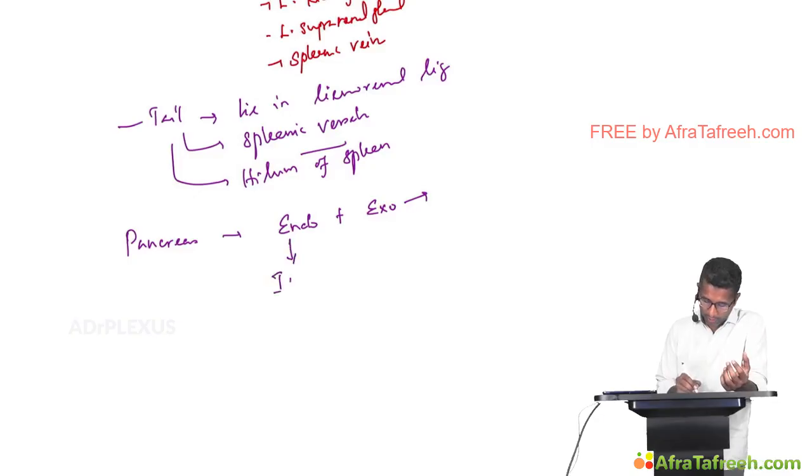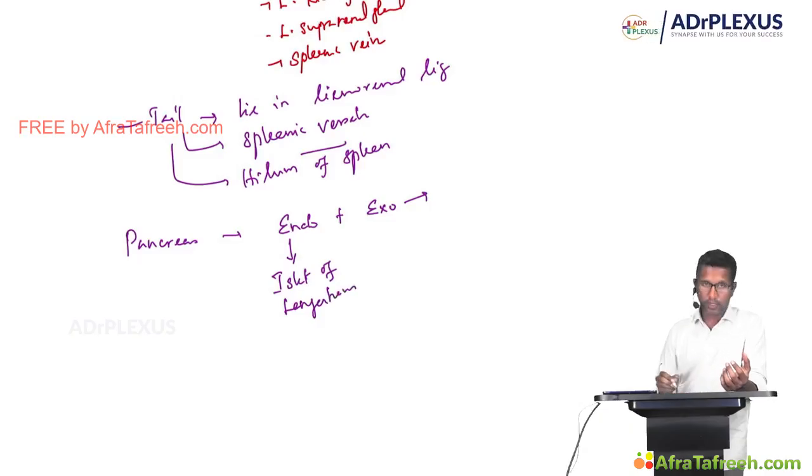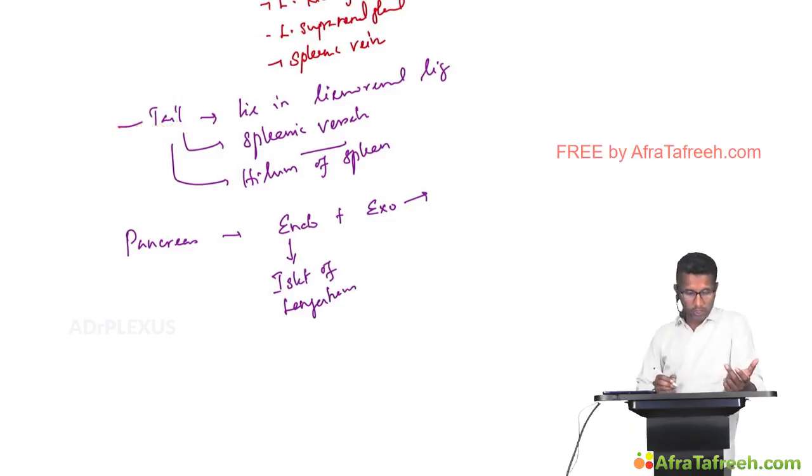The endocrine part is the islets of Langerhans. These islets secrete various hormones: glucagon, insulin, and other related hormones.